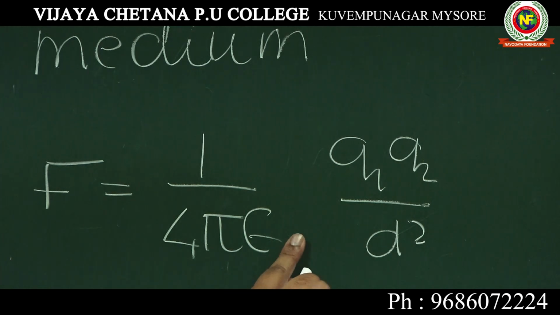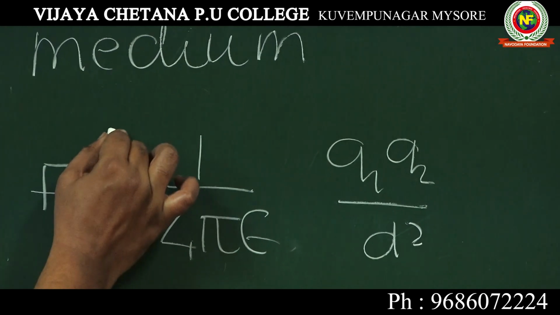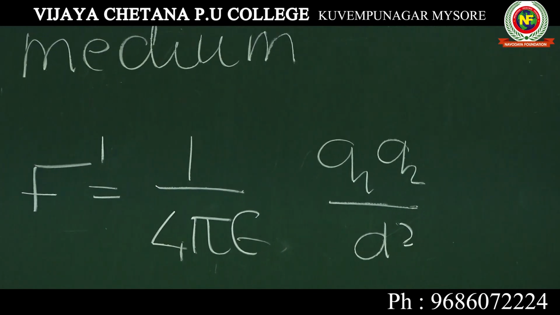Here we just write epsilon. So if you write epsilon, it is for any other medium. If you write epsilon naught, it is for free space. Its value therefore depends on the medium. The permittivity epsilon changes from one medium to the other. Always this force will be something different from this force.